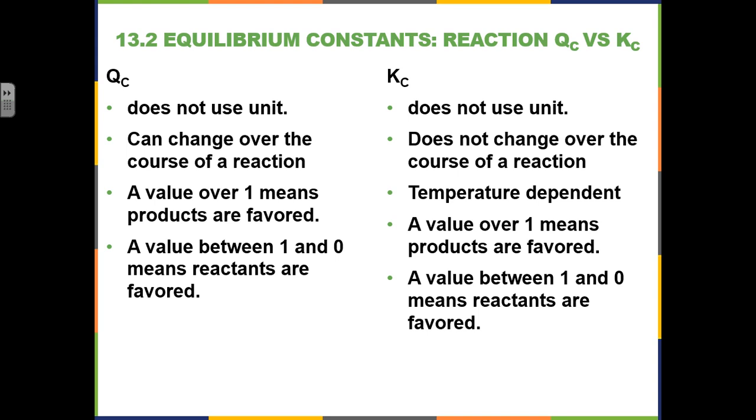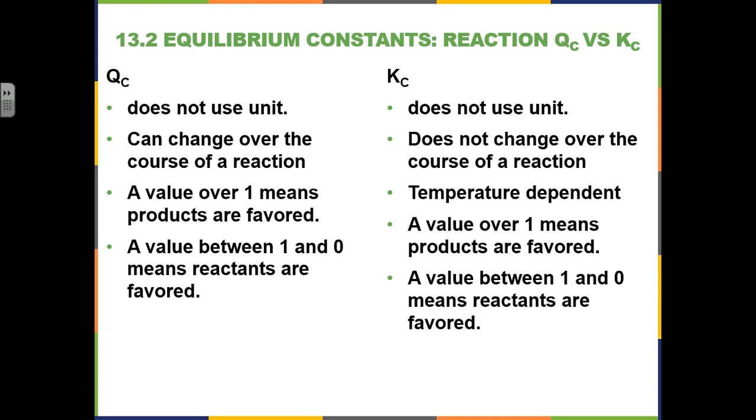Now, what do we mean by that? We're saying that mathematically, if you're given values of your products over your reactants to determine the reaction quotient, the QC, it will yield values that are either going to be greater than 1 or less than 1. But it's always going to be positive. Now, let's talk about the KC, which refers to our equilibrium constant, which only happens when a reaction has reached equilibrium.